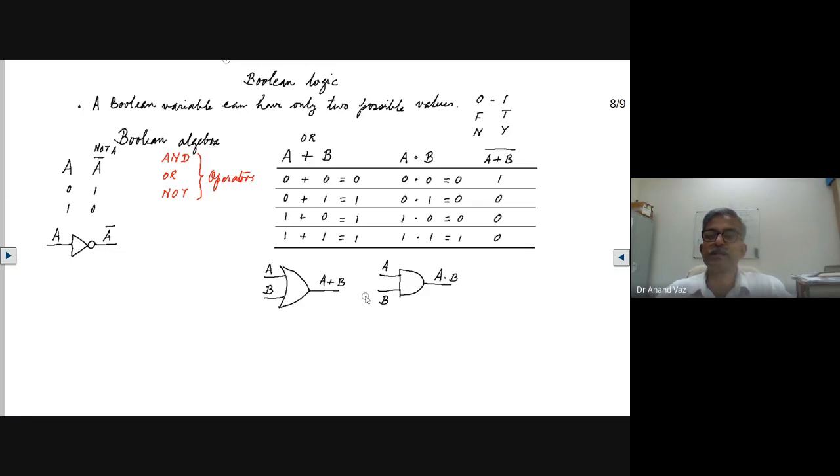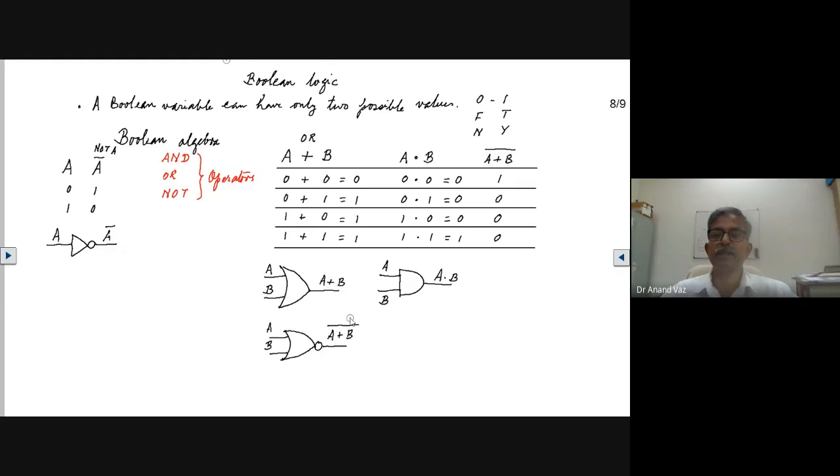And in order to represent this gate, we can represent it like this. So you have the inputs A and B, A or B, and the complement of that.